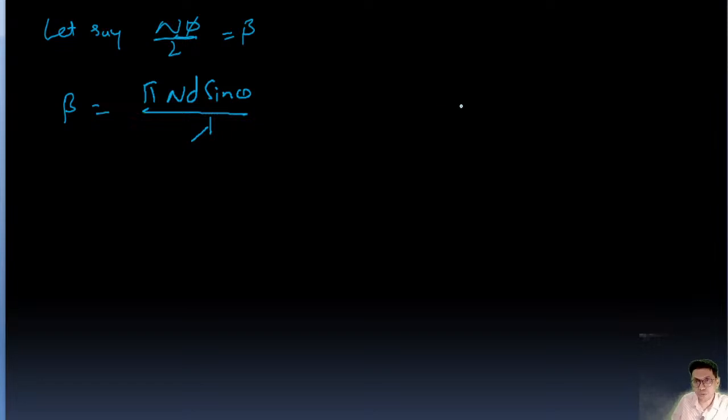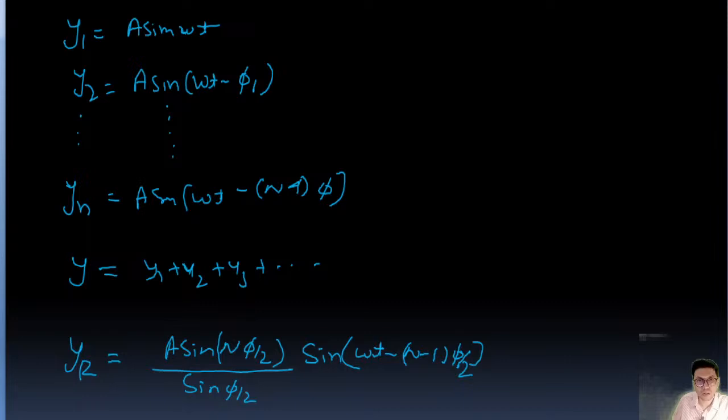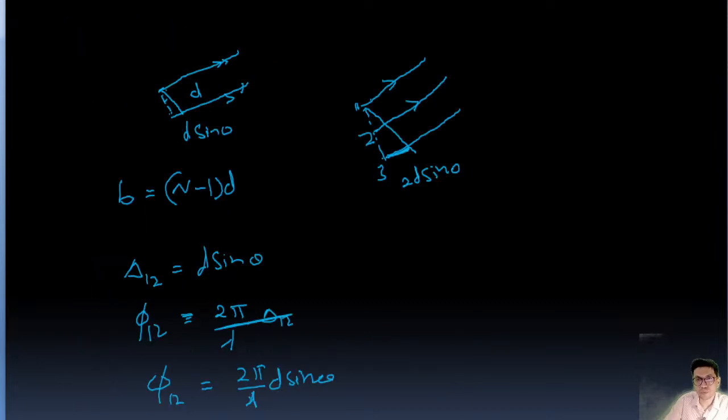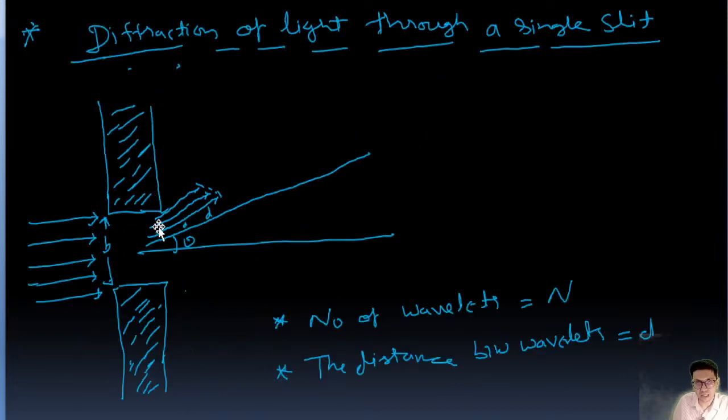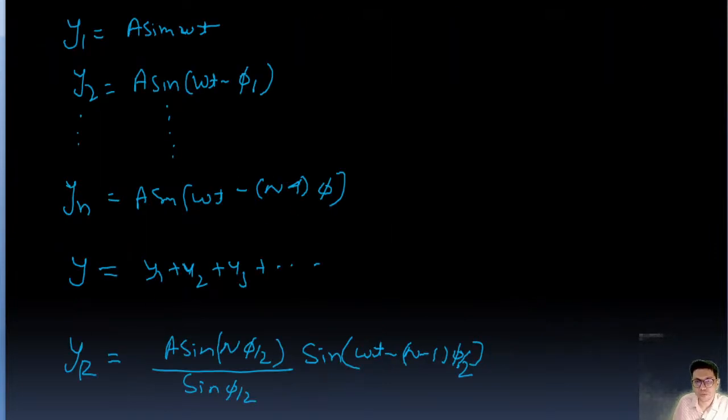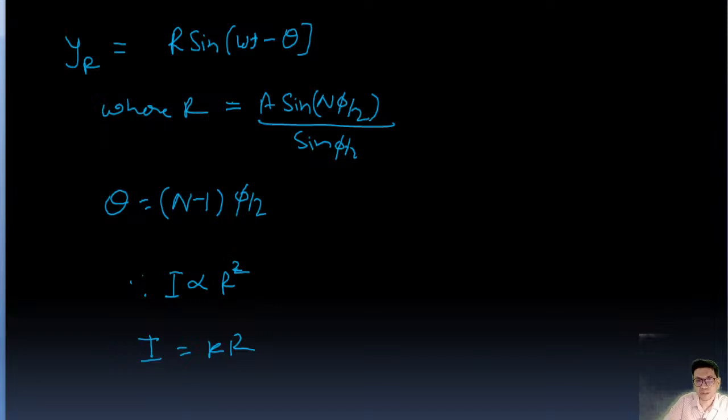And we know that nd is b, because here you can see the number of wavelets is n. There are n wavelets, and the distance between two wavelets is d, and total n, so the b value is nd. Simple mathematical calculation.